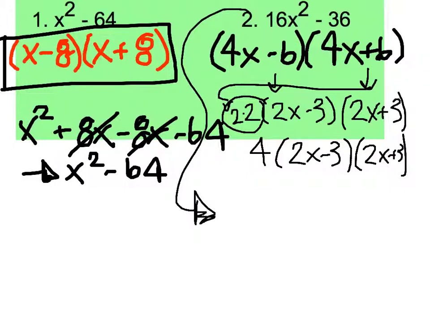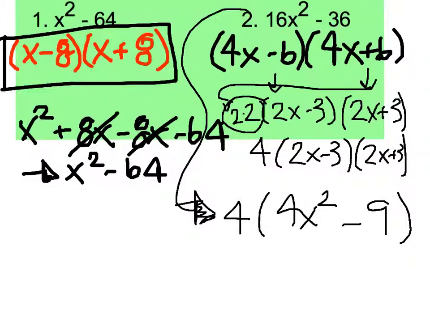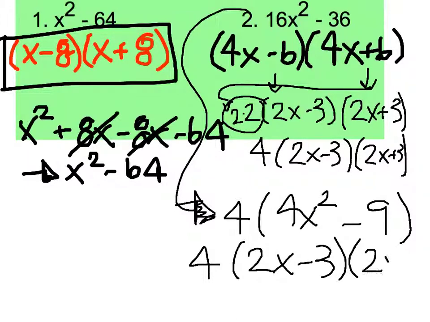If I would have factored my 4 out right away, it would have looked like this. 4 times 4x squared minus 9. And then from here, I could have used the difference of squares to factor this. So it would look like this. 4 times 2x minus 3 times 2x plus 3.